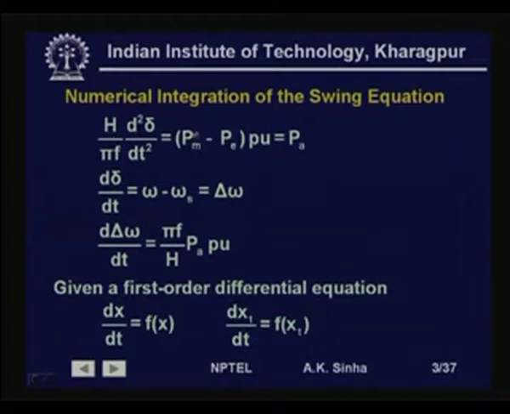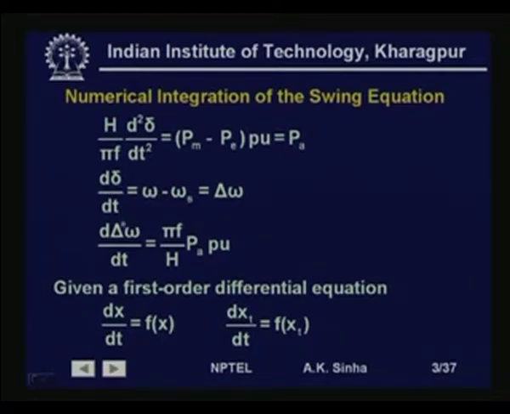Now, we can write this second order differential equation in the form of two first order differential equations. We first write d delta by dt is equal to omega minus omega s, which is what we call delta omega, the change in speed from the synchronous speed, where omega is the speed at any particular time.